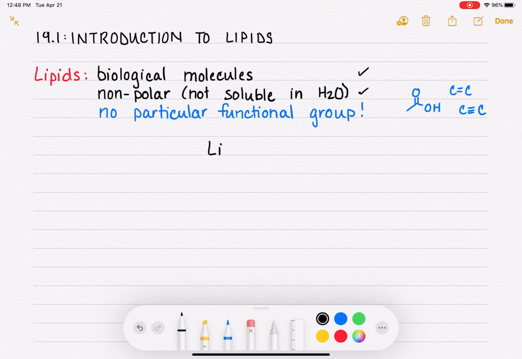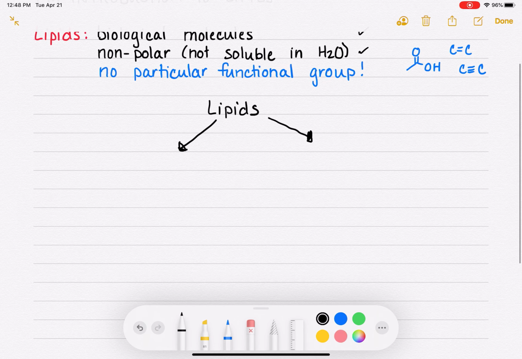Lipids are subdivided into two categories. So we're going to make a tree diagram sort of a thing. Lipids can either be fatty acids, or the other category is steroids and fat-soluble vitamins.